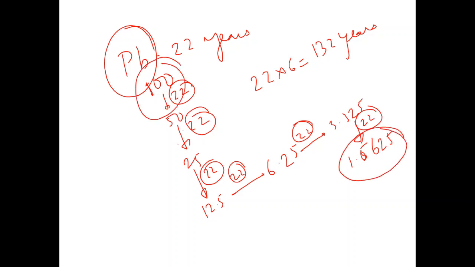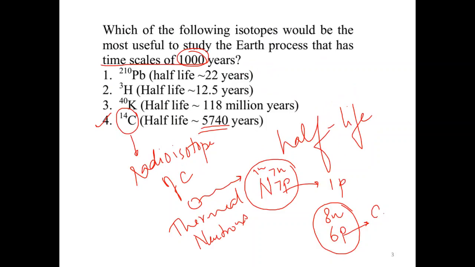It means that when the half-life is less, the amount which can be precisely read by the machine becomes very small, and then it may not give you very accurate data, and therefore we cannot use this lead for a 1,000 years time scale. When we look at tritium, which is H3, it has a 12.5 years half-life, so you can apply the same logic.